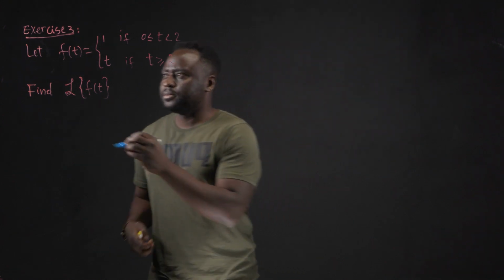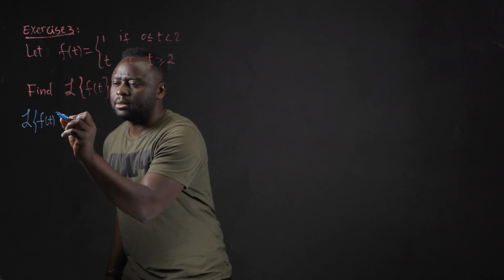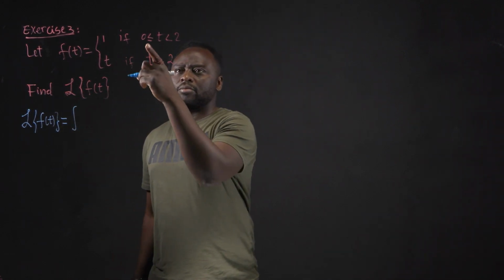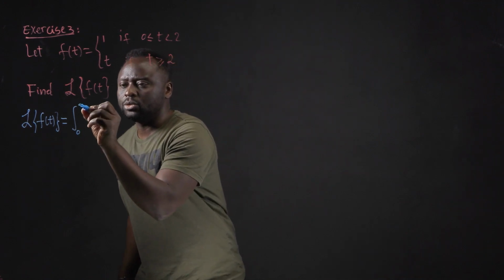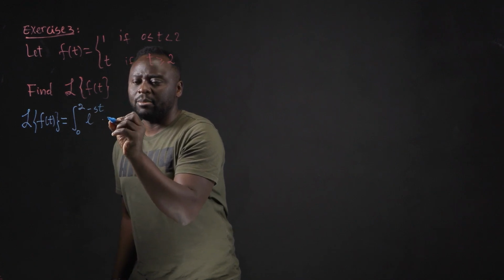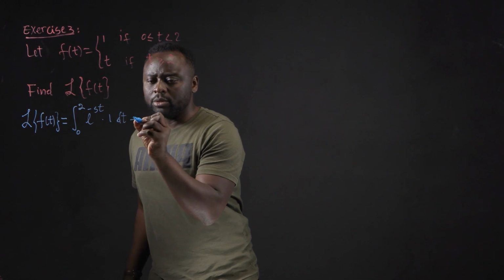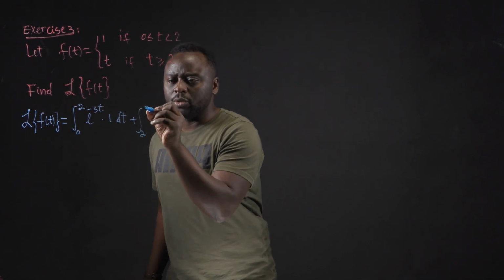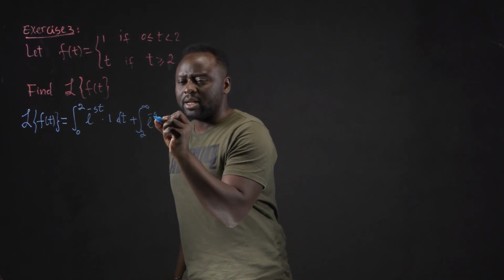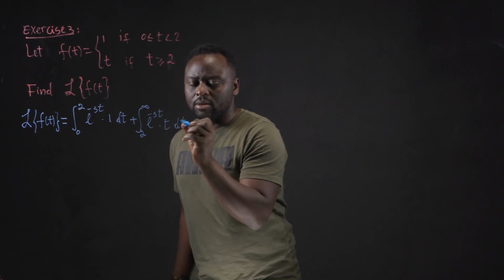By definition, the Laplace transform of the function f of t is the integral, first part from 0 to 2 of e to the power minus st times 1, okay, this one, dt, plus the integral from 2 to infinity of e to the power minus st times t dt.